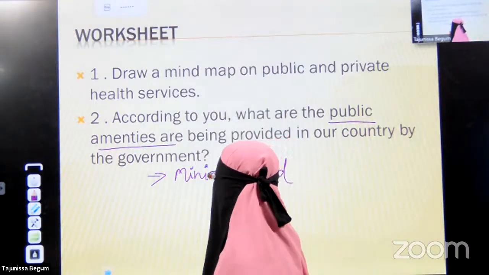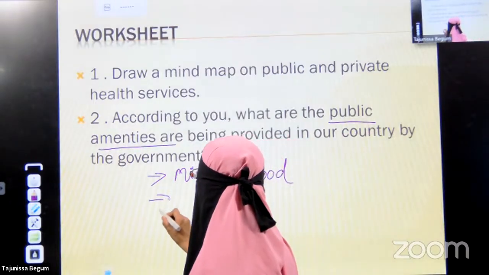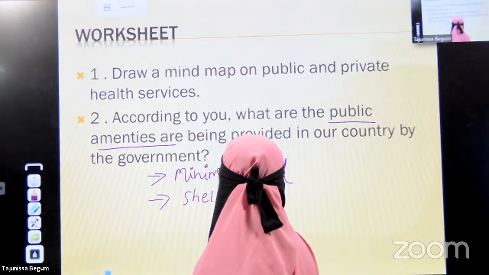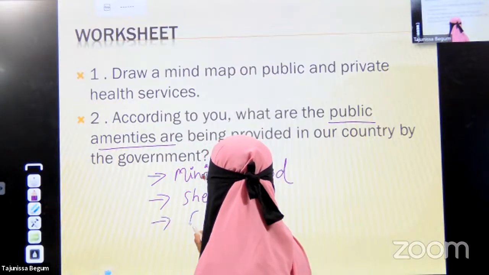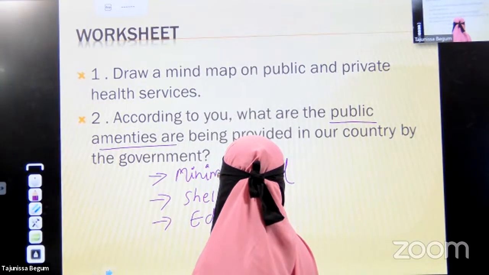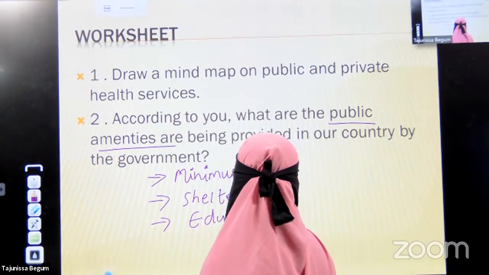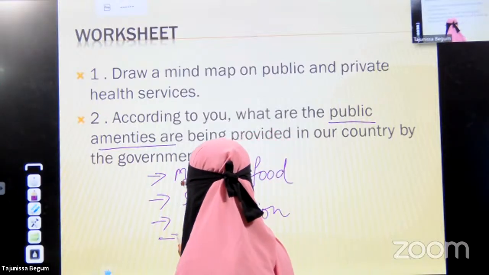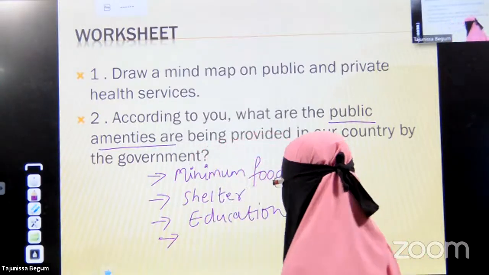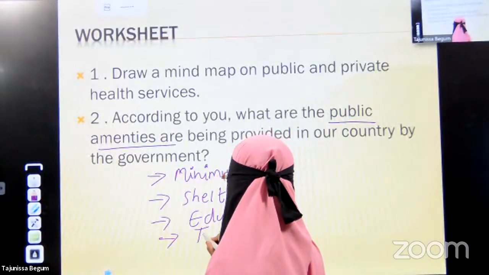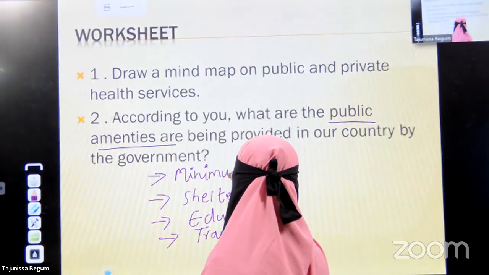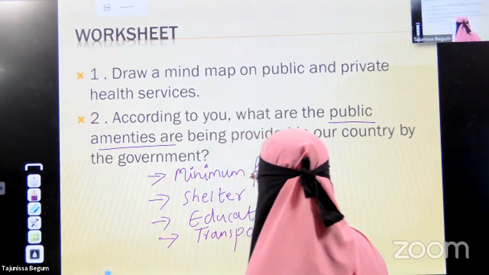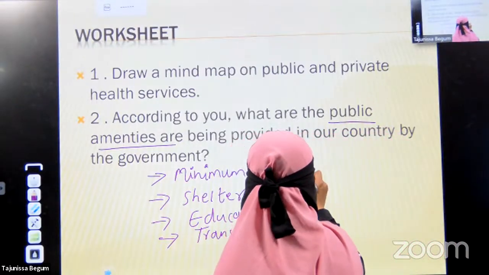The government should provide minimum food, then shelter, education, right to education, then transport, minimum clean drinking water facility.